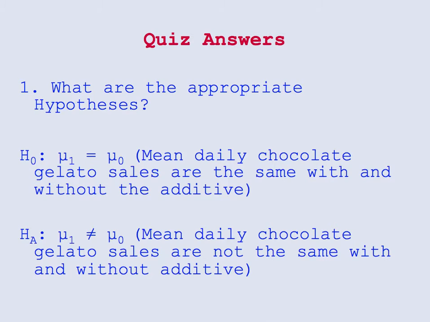So our null hypothesis would be that mu1 is equal to mu0, or the mean of the treatment is equal to the mean of the control, or that the mean daily chocolate gelato sales are the same with and without the additive. And the alternative hypothesis would be that the mean daily gelato sales are not the same, that the anchovy gorgonzola additive either increases or decreases gelato sales.